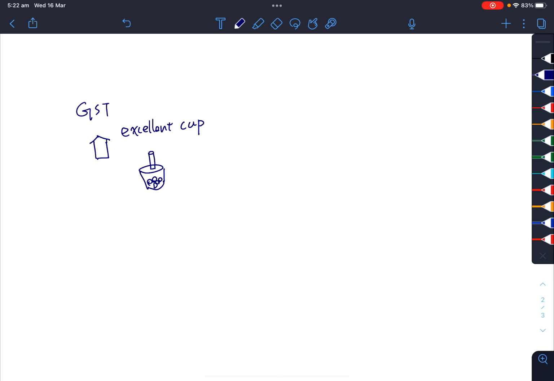It's quite yummy. If you go to buy it, the store say the price is $10 for one bubble milk tea. Then the money you need to pay is you need to pay 1 over 10% of the $10.